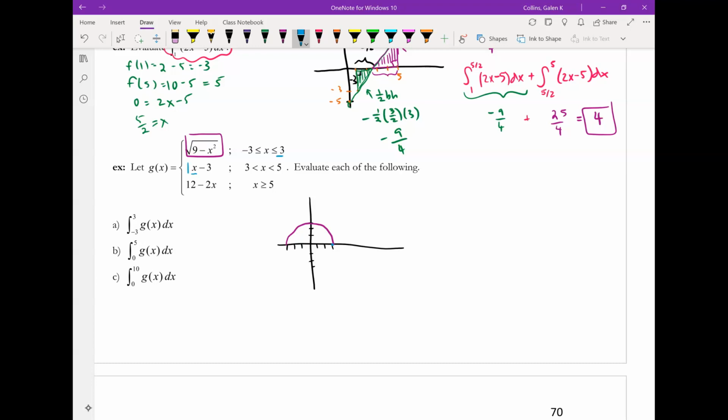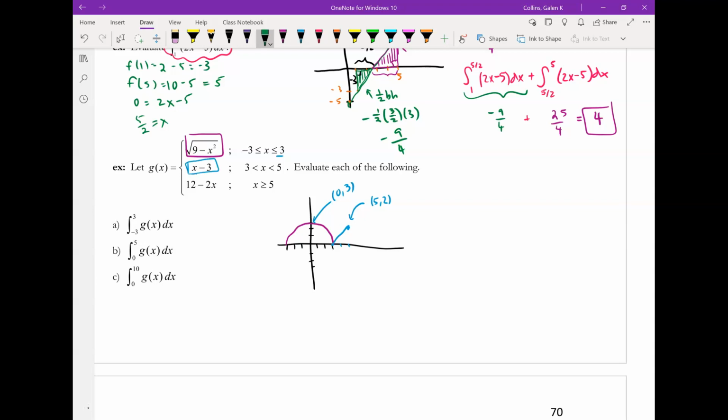So as I go over 4, 5, we're going up 1, 2. And it might be helpful to write some points down. So this is the point (5, 2). I think the other ones are pretty clear where we have zeros. This is, of course, (3, 0). All right, so that's the second piece of our piecewise.